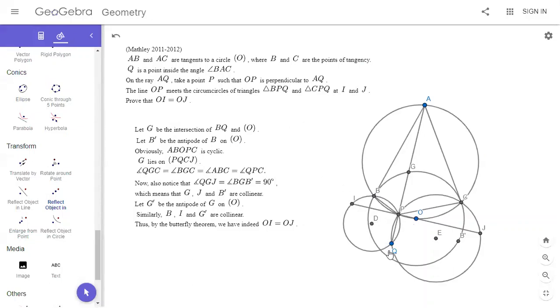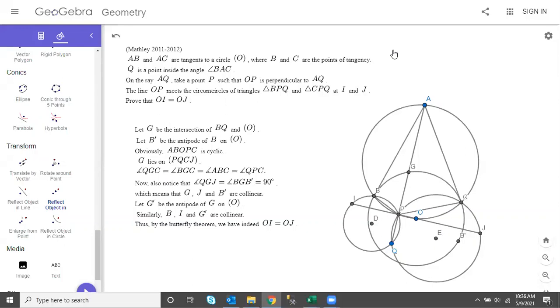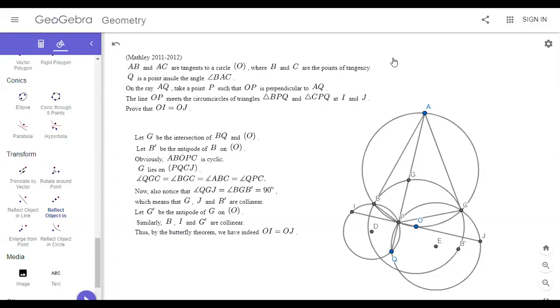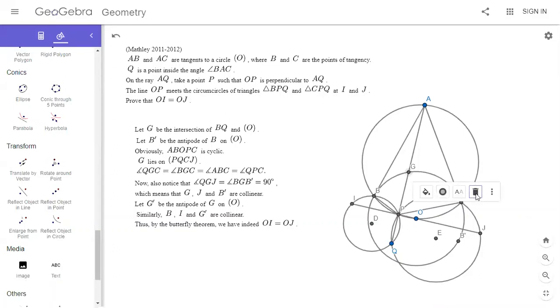Okay, we mentioned before that ABOPC is cyclic. G lies on PQCJ. So G, BQ, not AQ. Oh yeah, okay, my bad.